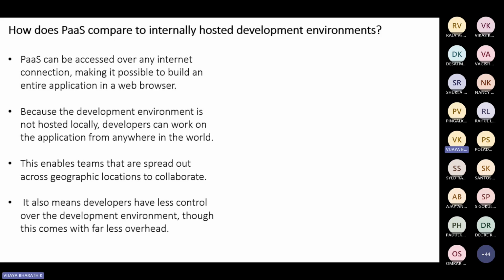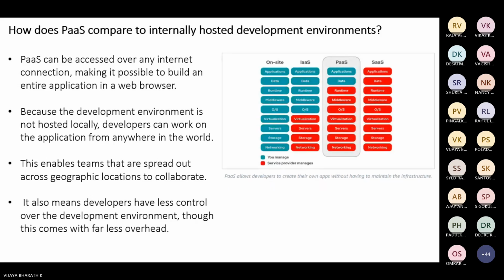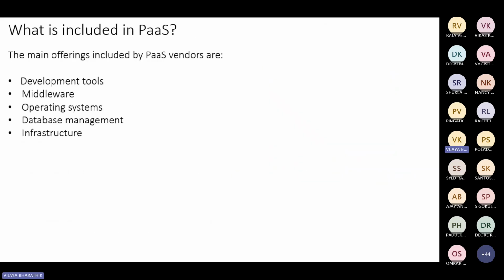The major part here is that developers have less control over the development environment, which you can say is less overhead for them. All these red ones are managed by the infrastructure, that is your service provider. So what is included in PaaS?